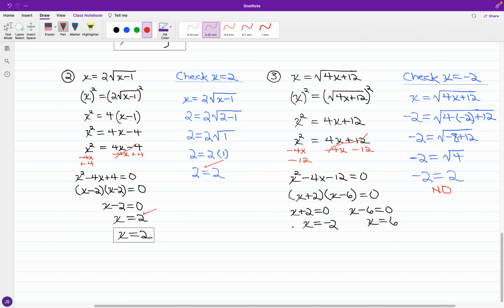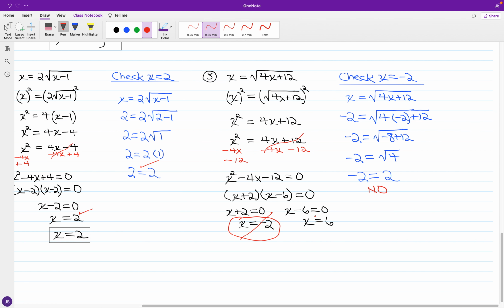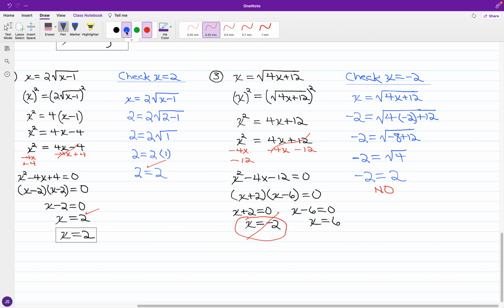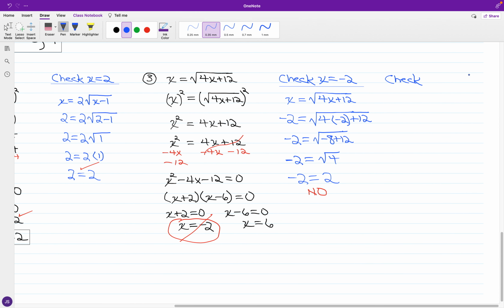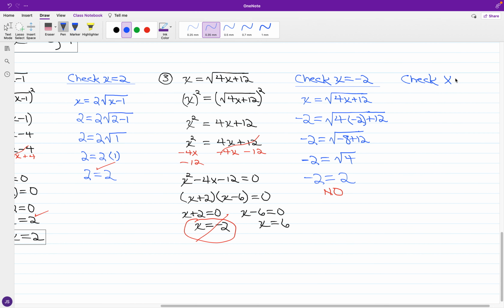So negative 2 is not going to test out, and negative 2 would be a case of what we have as an extraneous value. So there could have potentially been up to 2 solutions, but now we're going to have to see if we can have so much as 1 solution for this radical equation.